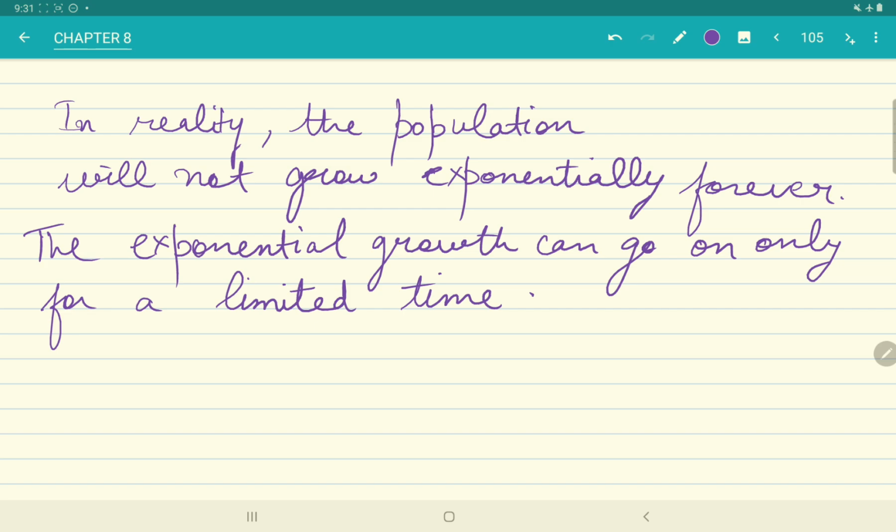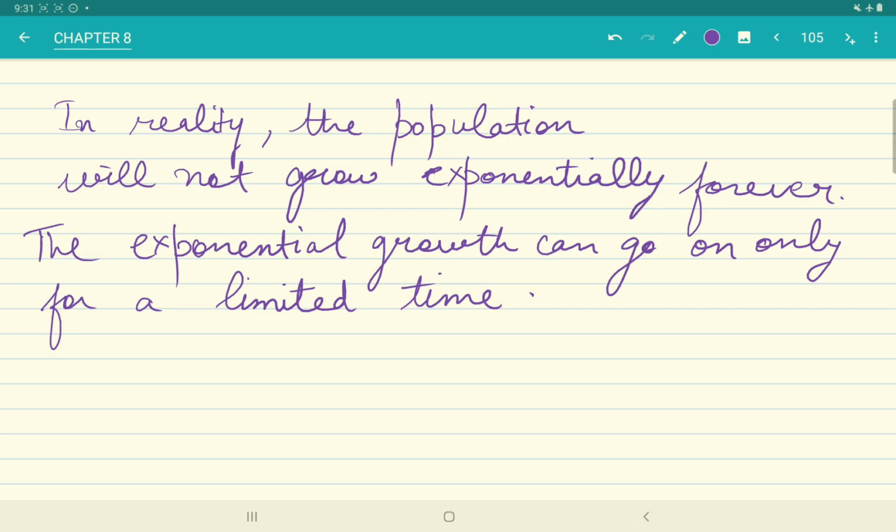And if this is the case, that means if I say that the exponential growth can go on only for a limited time, and in reality it's not the case that population will grow exponentially forever. The exponential growth can only go on for a limited period of time.